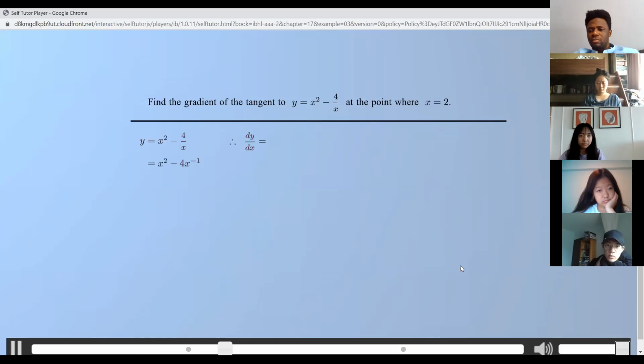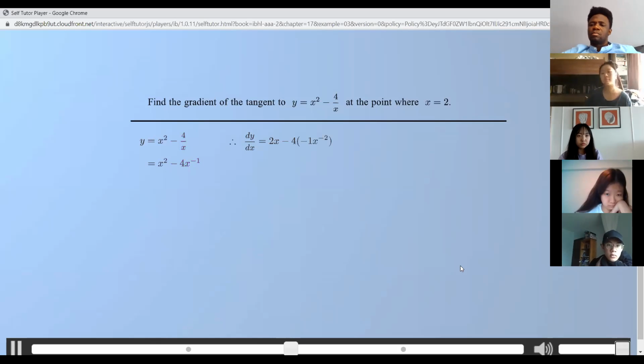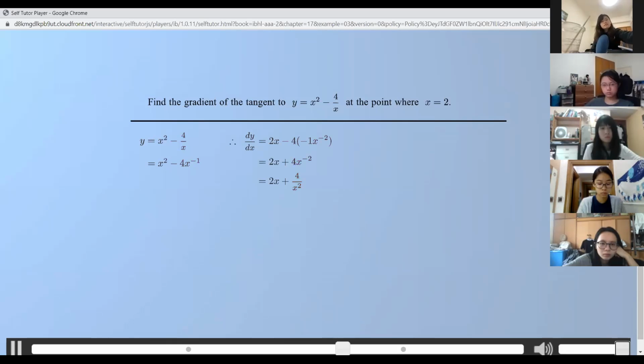Did you hear that? The derivative of x squared is 2x. For the next term, we write minus 4 in front, and then differentiate x to the minus 1. We expand the brackets, then remove the negative exponents by writing the terms as fractions.